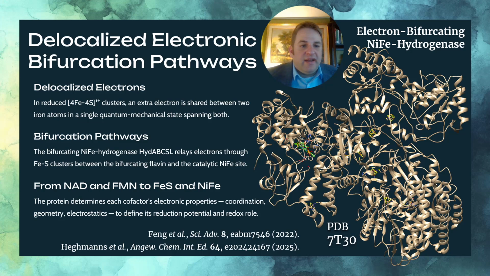Now, if we look at an even more sophisticated bifurcating enzyme, for example, the electron bifurcating nickel iron hydrogenase, there is a very extensive network of delocalized electrons in the iron sulfur clusters of this system. In each iron sulfur cluster, in its reduced state at least, an extra electron is shared between two iron atoms in a single quantum mechanical state spanning both.